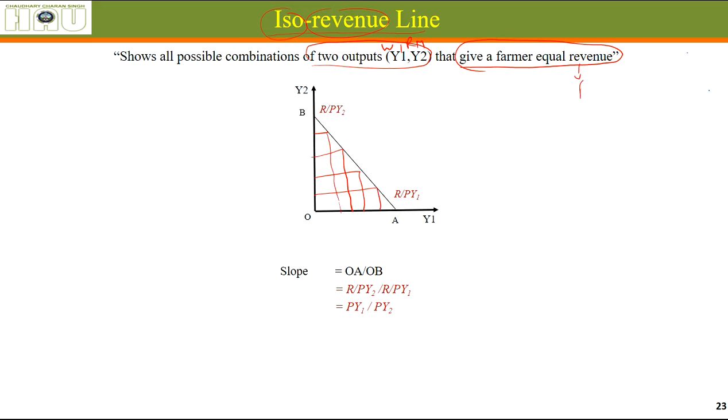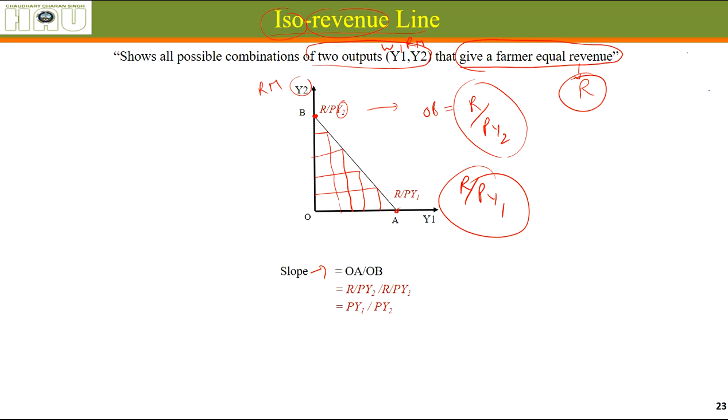Equal revenue, here we are talking about R. If we dedicate the entire input to the rapeseed and mustard and its price is PY2, how much is going to be this quantity? OB is going to be R divided by PY2. And OA is going to be R divided by PY1.